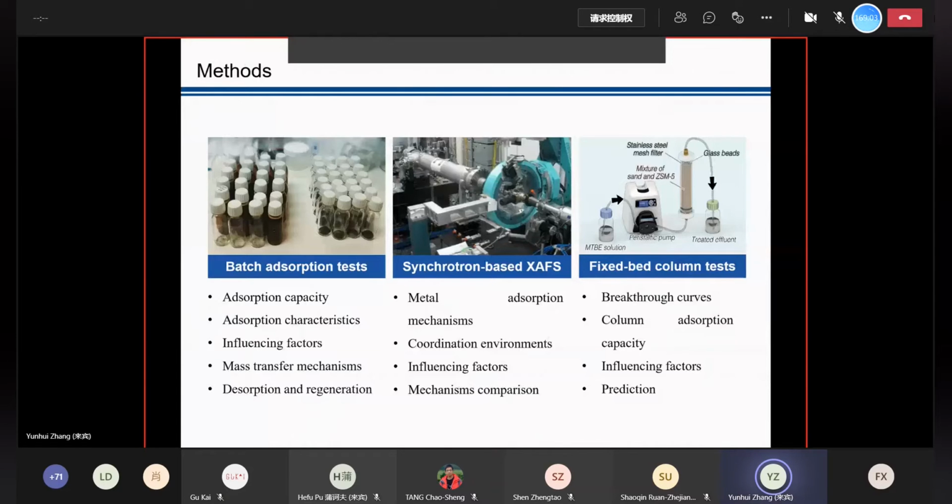Now let's see firstly for MTBE sorption kinetics. The pseudo-second-order model was the best useful model for kinetics, indicating chemisorption.